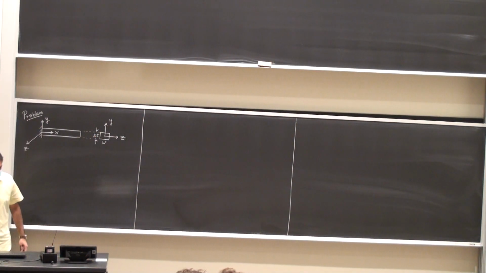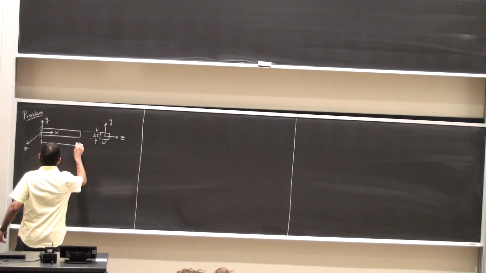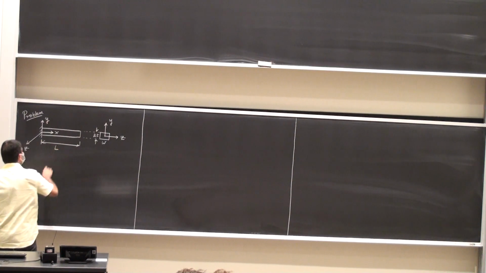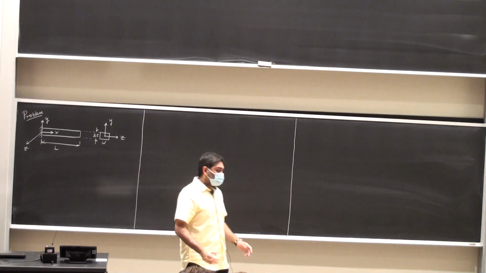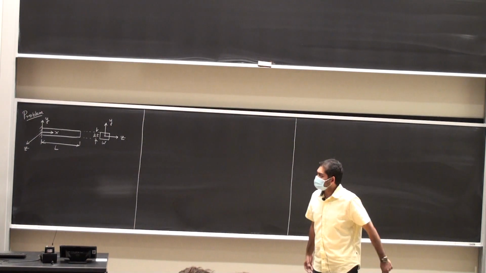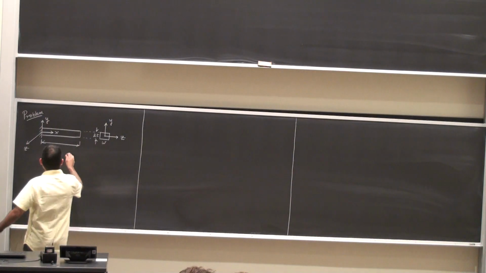Then I have the length of the beam, L, and let's say that the length of the beam is 20 times the thickness of the beam. So this is 20t.